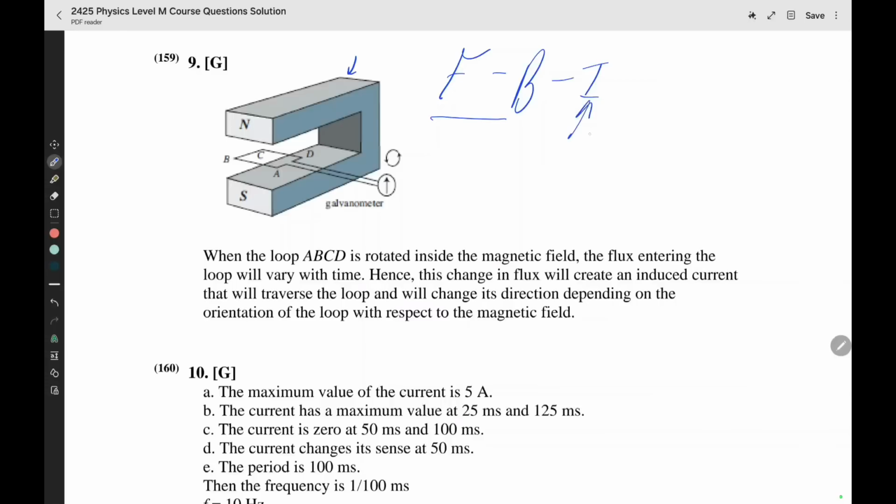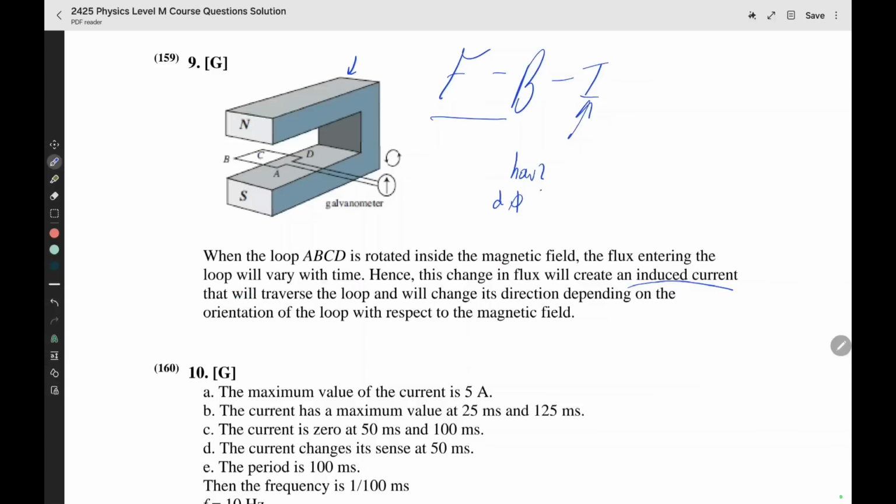Remember, to get I, always think change in flux, right? So when you rotate the loop, there will be a change in flux. And what's gonna happen when you have a change in flux? Obviously, you're gonna have an induced current.